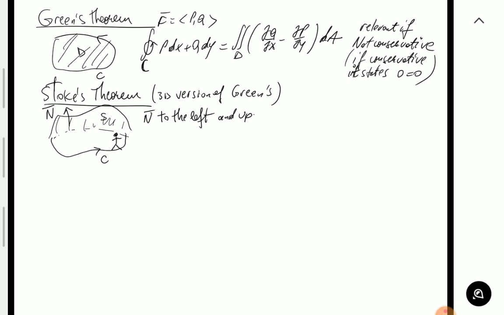In other words, follow the right-hand rule. In that case, Stokes theorem simply states that the surface integral of the curl of the vector field across this normal is equal to the line integral over that closed curve.